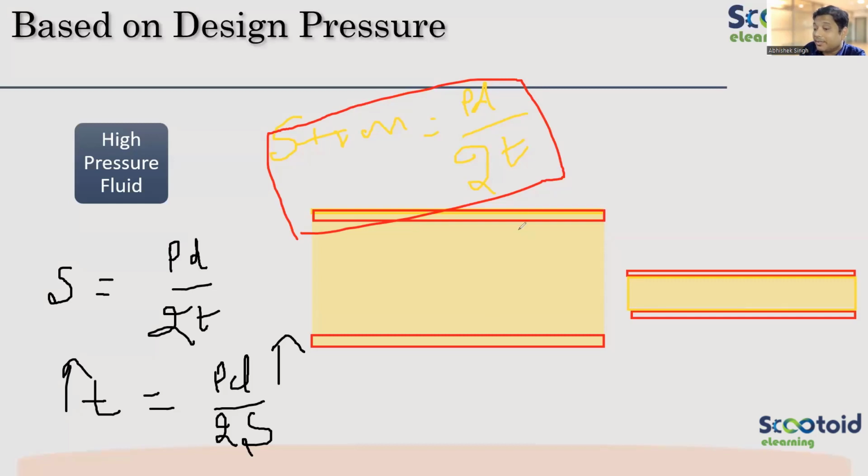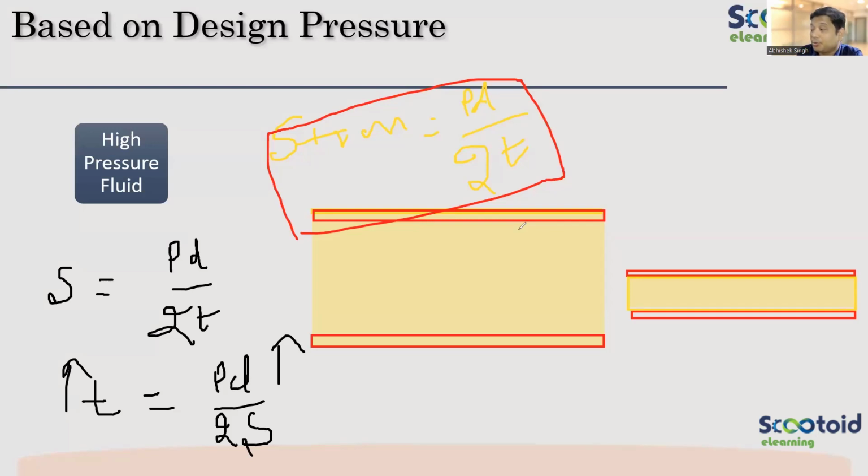Now, is the shell diameter more or is the tube diameter more? Shell is very high. Now imagine for high pressure, if you are keeping it on the shell side, the diameter is very high, so your thickness also will be very high. So your material cost will become very high, right?